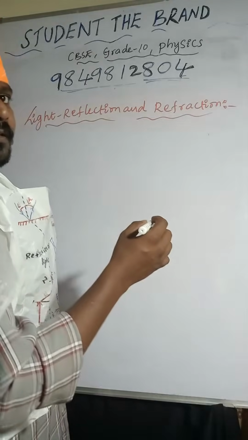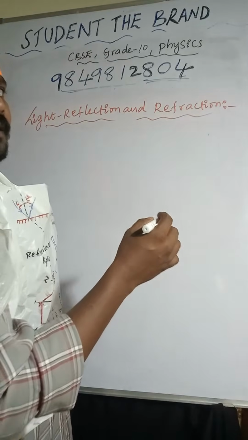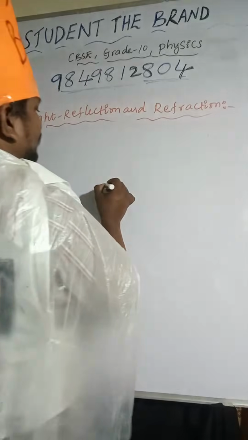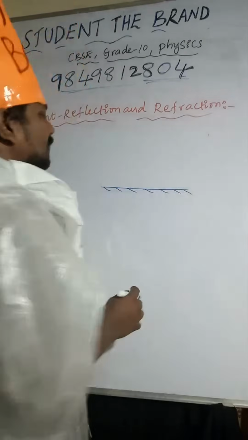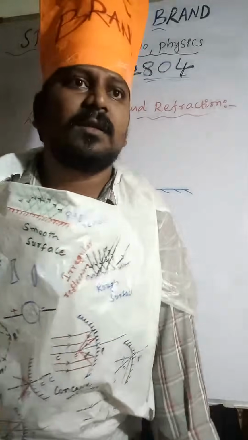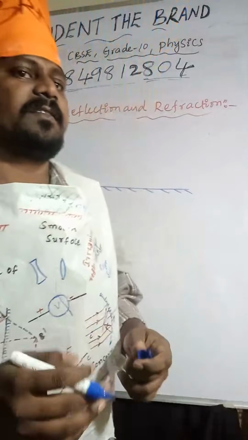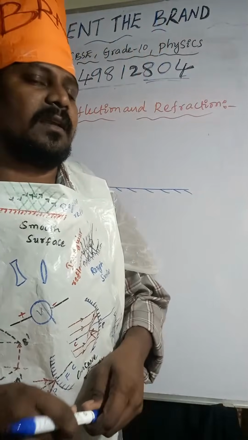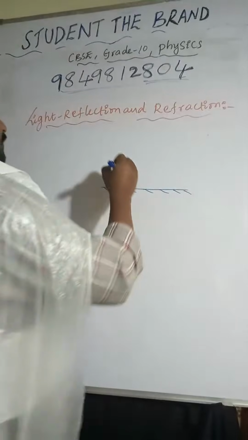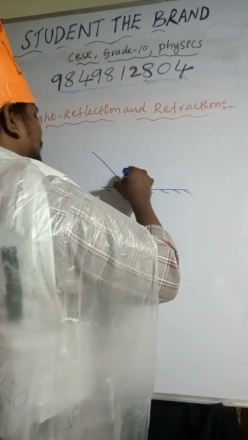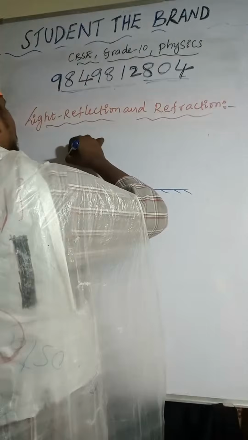Here you can observe, I am taking the plane mirror. One side is the reflecting surface, and the other side is silver coated. The light ray incident on the surface is called the incident ray.